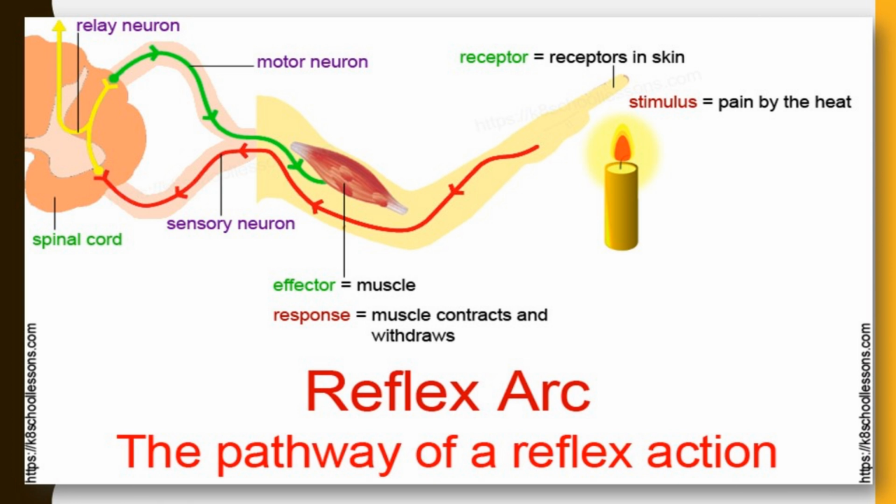Reflex arc involves receptors, which receive the message from the external environment; sensory neuron, which carries the message from the receptor to the central nervous system; and central nervous system, which processes the message and sends impulses to the concerned part of the body in the form of response; and motor neuron, which will carry the message from the central nervous system to the effector; and effector responds against the stimulus.